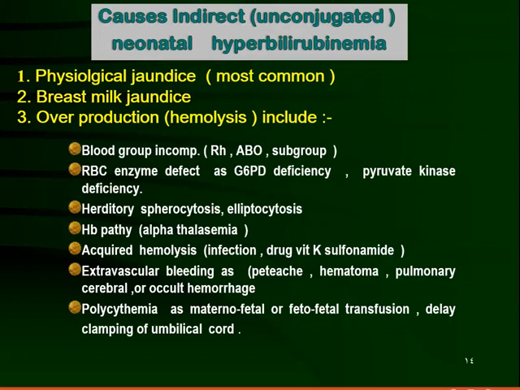RBC enzyme defects such as G6PD deficiency, pyruvate kinase deficiency, spherocytosis, alpha thalassemia, acquired hemolysis by infection, drugs such as vitamin K and sulfonamide, extravascular bleeding such as petechiae, hematoma, pulmonary hemorrhage, or any occult hemorrhage, polycythemia as in maternal-fetal or fetal-fetal transfusion, and so on.